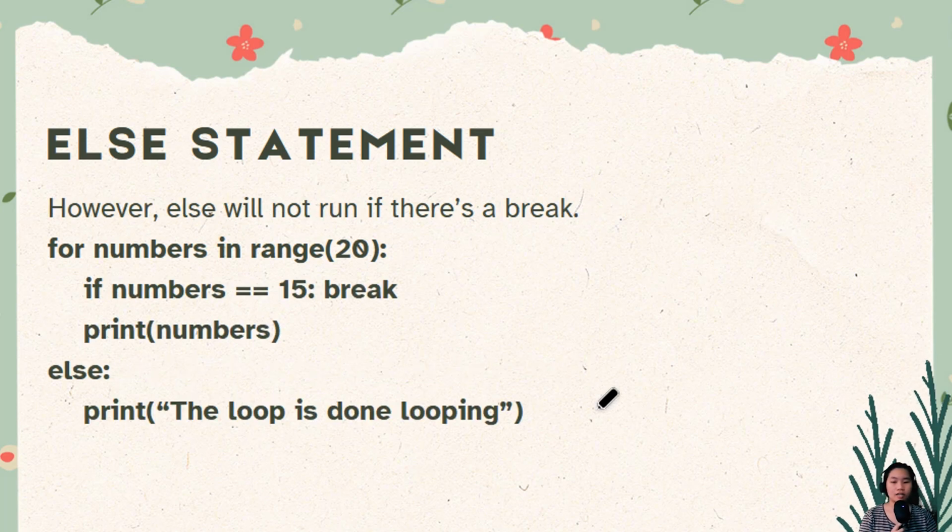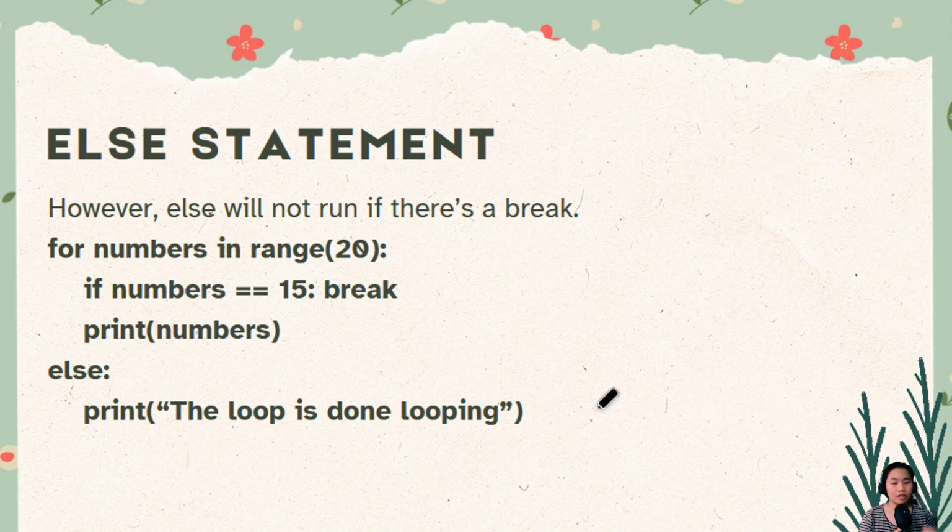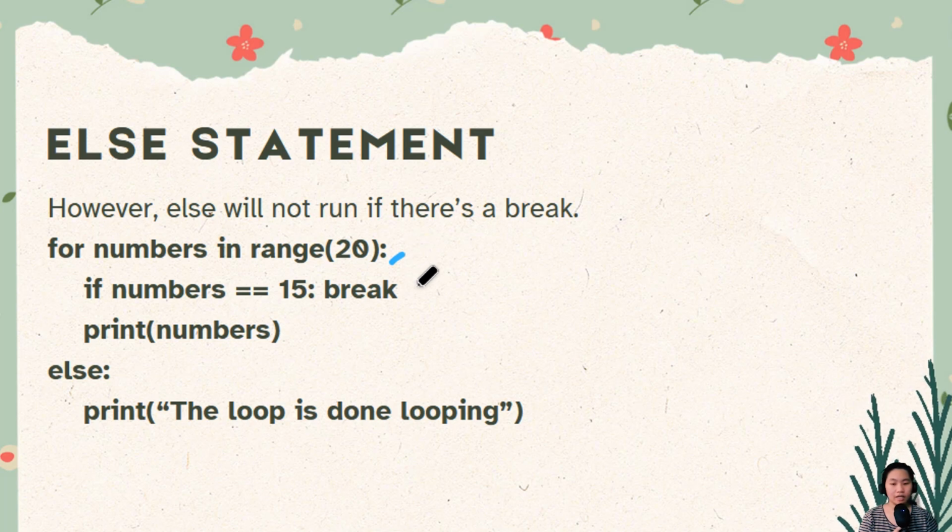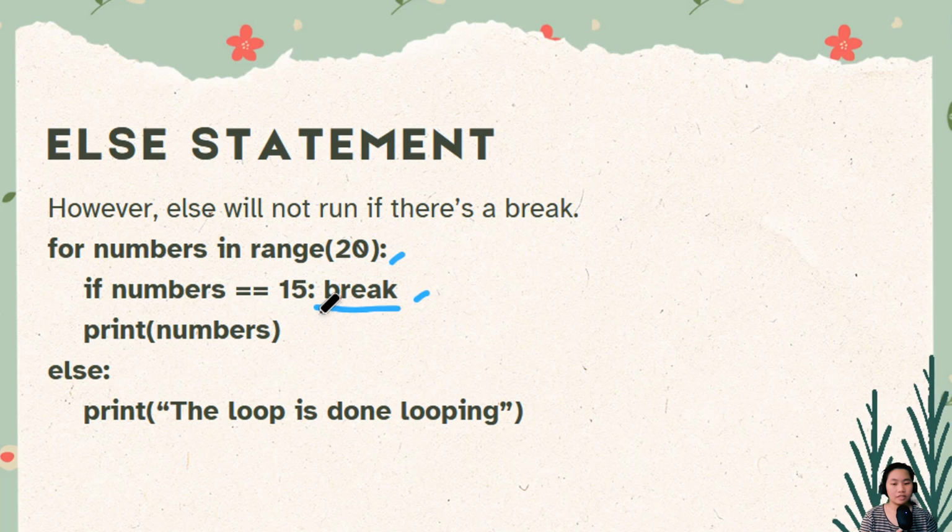The next part is there's an exception for the else statement, and that is break. So I have for numbers in range 20, if numbers equals 15, break. Now as you can see here, I don't have this on a new line. You don't have to. The break statement, you can put it on the same line.